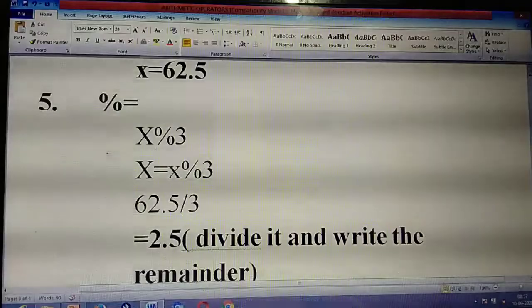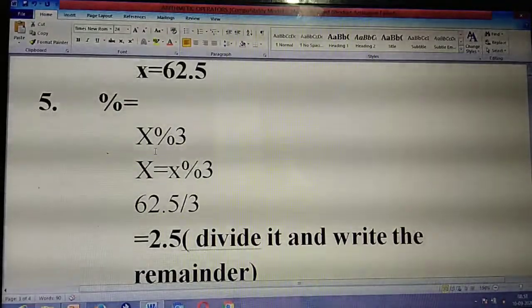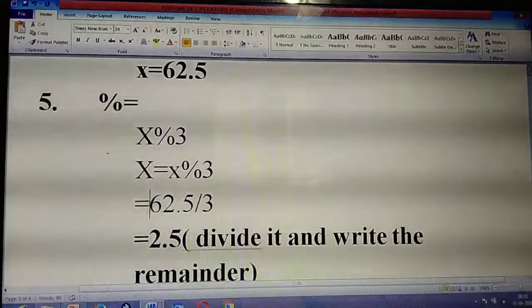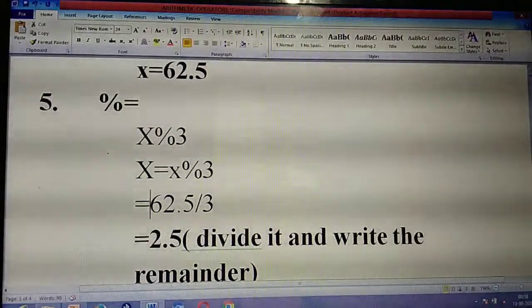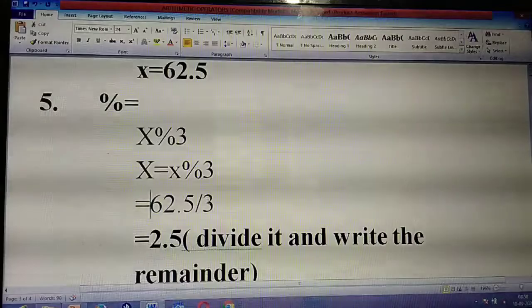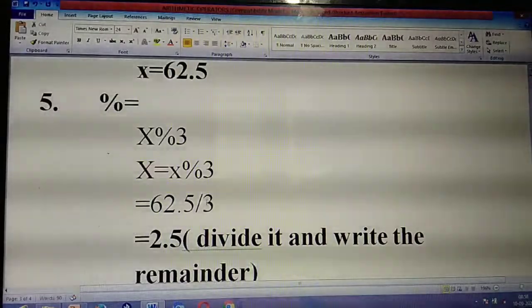Next one, modulus operator. x modulus 3. What's the meaning? x equal to x modulus 3. What's the value of x you got at the last? 62.5. It is percentage 3, okay, not divided.